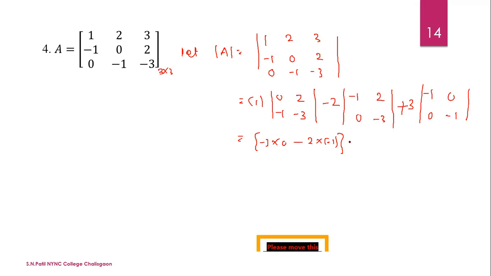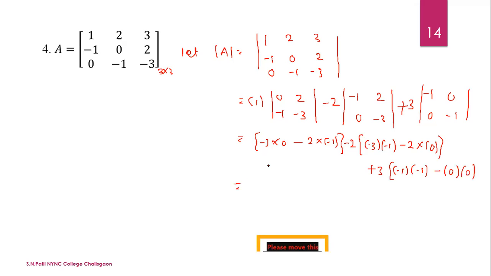This is the simplification of the first term. Minus 2, minus 3 into minus 1, minus 2 into 0. Now plus 3, minus 1 into minus 1, minus 0 into 0.